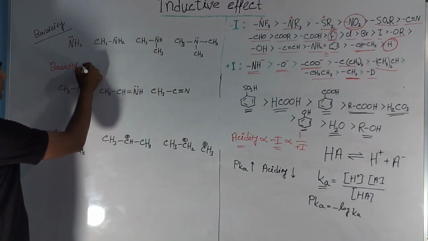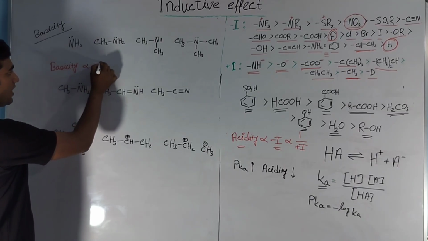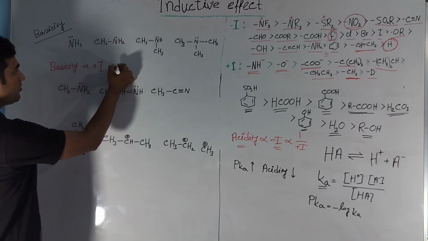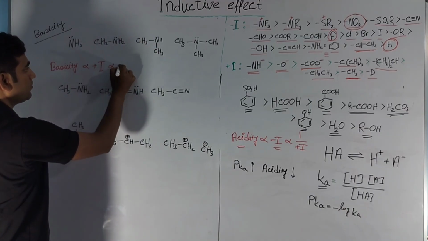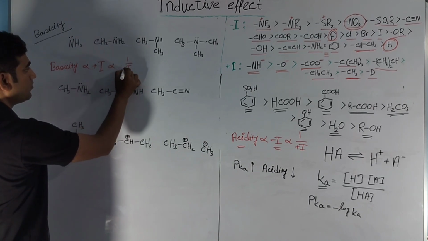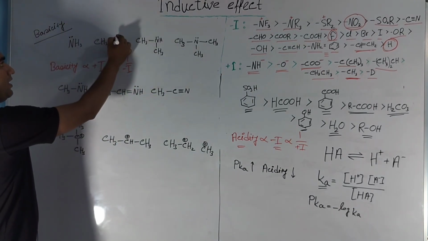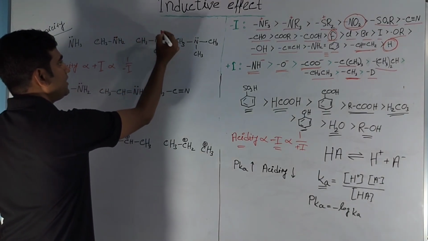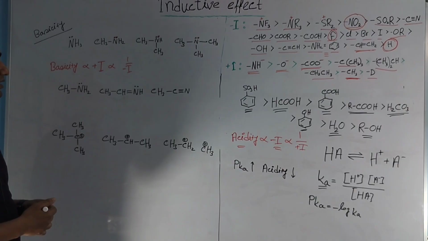So basicity is directly proportional to the plus I effect and inversely proportional to the minus I effect. Electron availability, an electronically rich group, means the basicity of the molecule is higher.